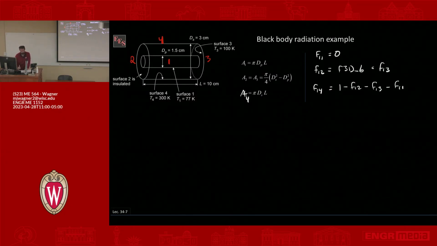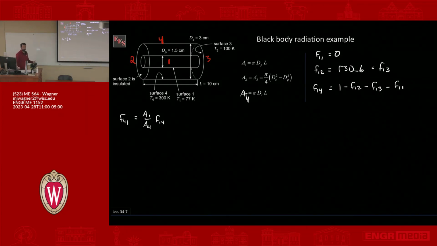Let's look next at, okay, we have all this stuff related to F1 to another surface. Let's look at surface 4, F4,1. How would we go about evaluating F4,1, given the information we have or what else is available? Reciprocity. We have F1,4, and we know the areas. So we can just say F4,1 is equal to A1 over A4 times F1,4.